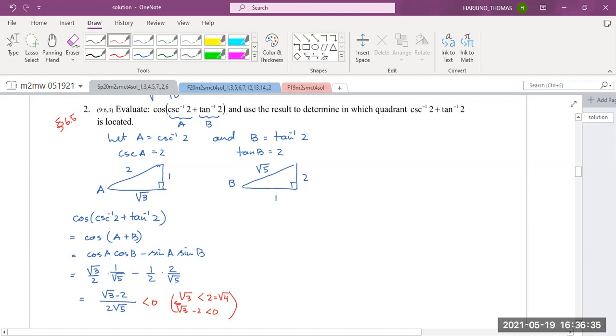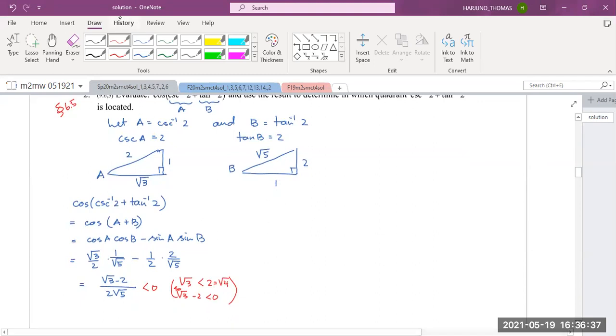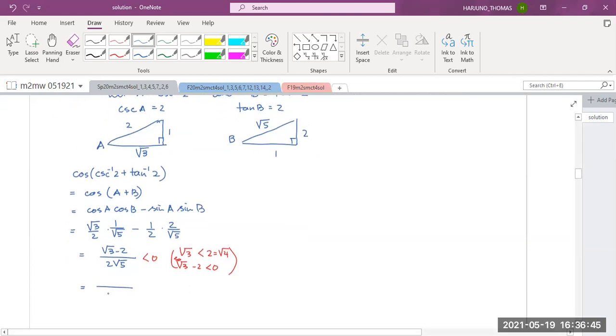Okay. Now, of course, I would like you to rationalize the denominator. We will multiply by radical 5 on the top and the bottom. I will get radical 15 minus 2 radical 5. Now, the reason I did not rationalize the denominator right away earlier is because I wanted to find out first if this is positive or negative.